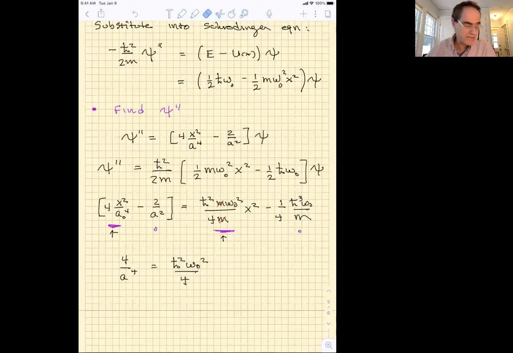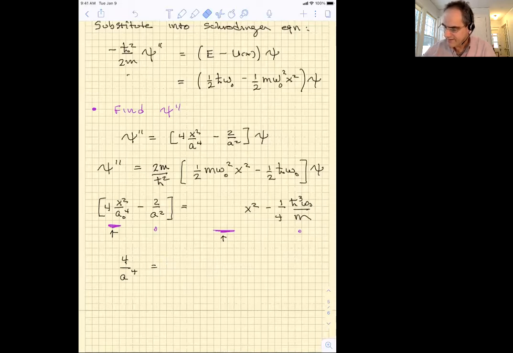I'm surprised you didn't stop me. When I multiplied both sides by 2m over h bar squared to move this term over to the other side, I didn't invert it like I was supposed to. It's 2m over h bar squared here. Okay? And so this was wrong also. I apologize. Let me fix that.